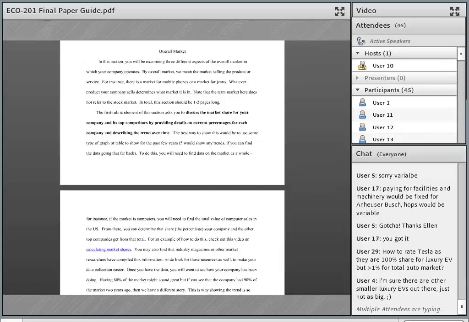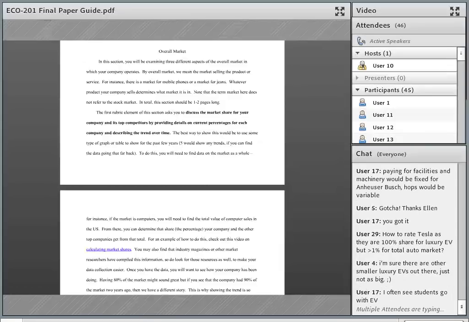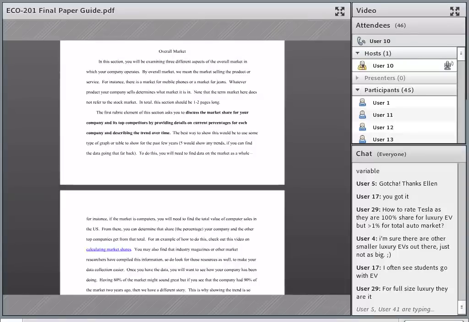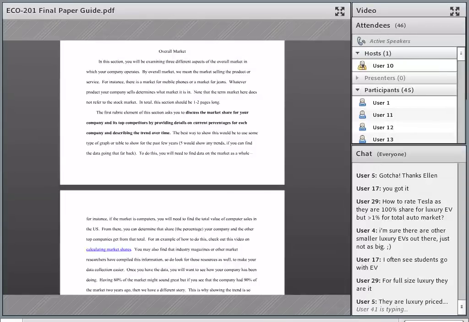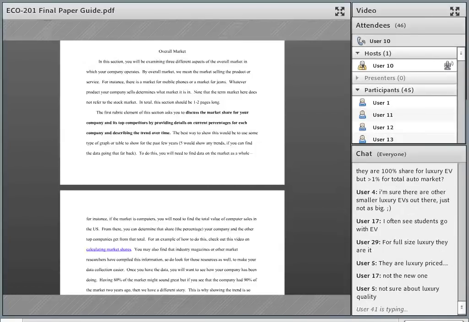So you might want to just compare them to the electric vehicle market instead of the luxury electric vehicle market. You can certainly state their market share as being almost 100% on the luxury EV market, and then broaden it to all electric vehicles, because, you know, there's the Nissan Leaf and the Chevy Volt. And then I think that would probably be your most relevant market rather than looking at all cars altogether.